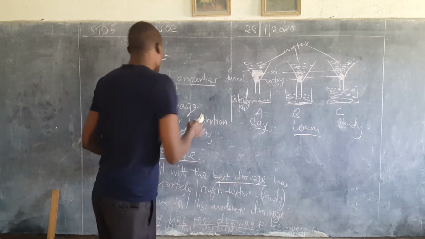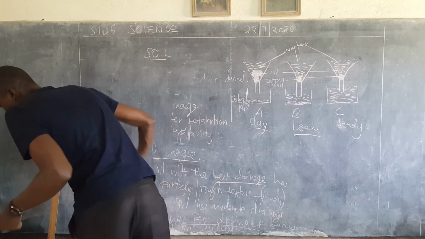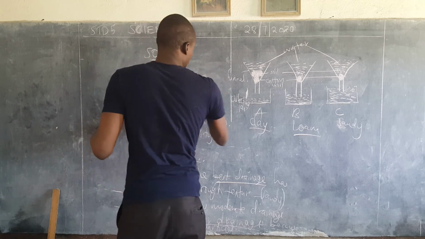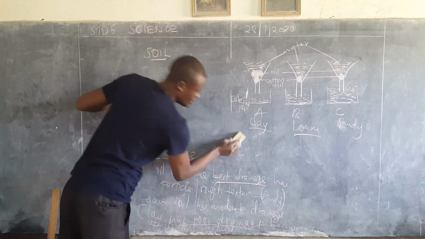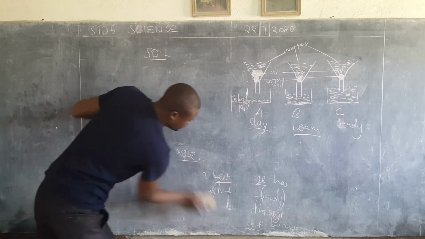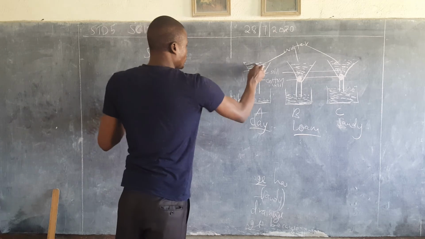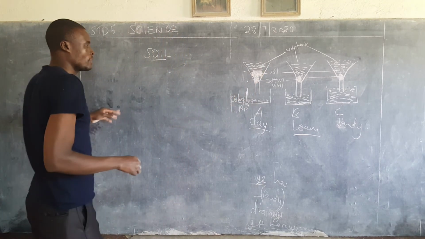The ability of soil to hold water is called water retention. I just mentioned it when I talked of drainage. That when soil holds water for a long time, that's here. This soil holds water for a long time, the clay soil.